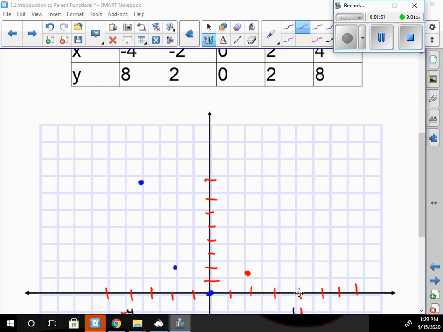There, and then go over to 4 and back up to 8. It's obviously not perfect. And we're going to draw a line between our points.